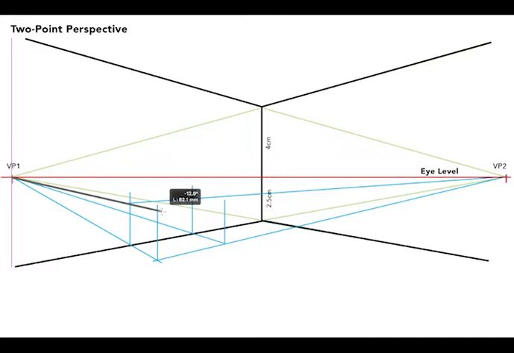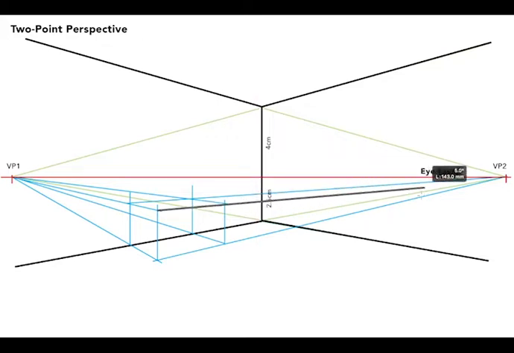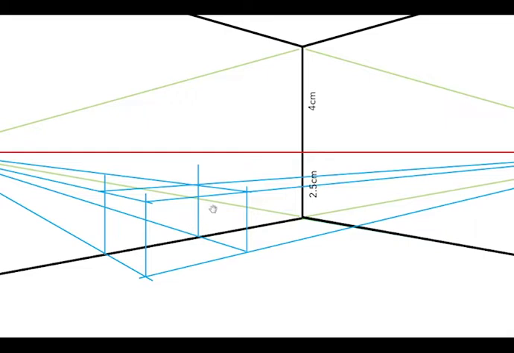You will intersect with this line, and another line from VP1 again, passing through this corner, and you will intersect with the second vertical line. The last step is to join this corner to the other corner of the cabinet and continue the line all the way to VP2. They should align together in a straight line. Can you see this is the cabinet?